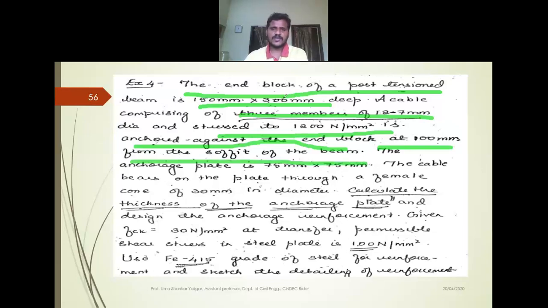Here he has given the size of the beam as 150 mm by 300 mm, three cables of 12.7 mm dia stressed to 1200 Newton per mm square. This is the stress Fp in the cable, and it is also told that the cable is at 100 mm from the bottom of the beam, or soffit of the beam.